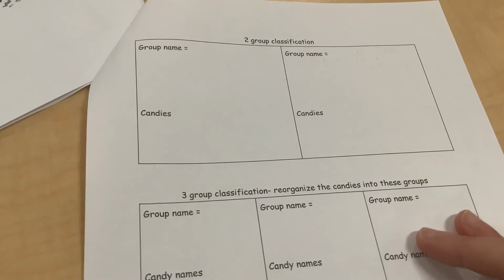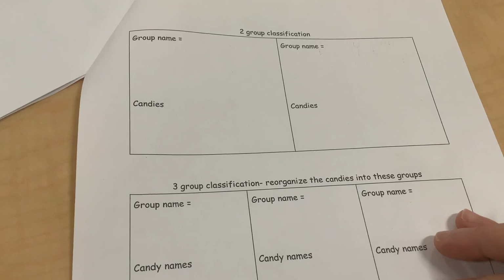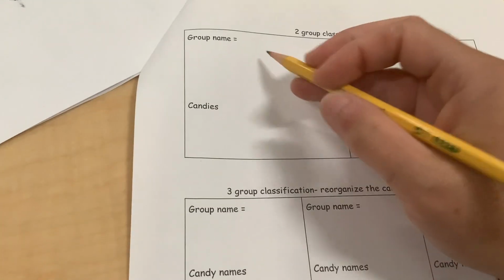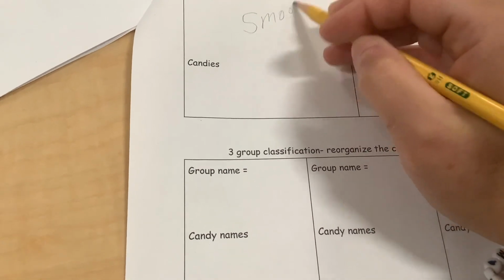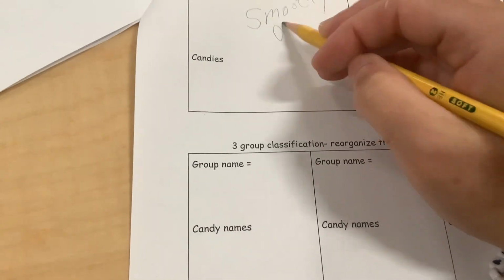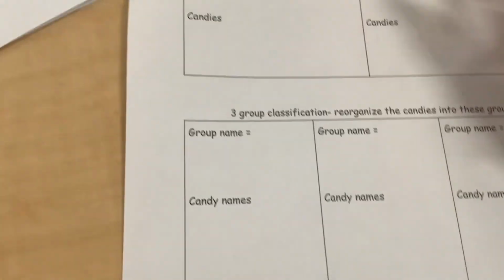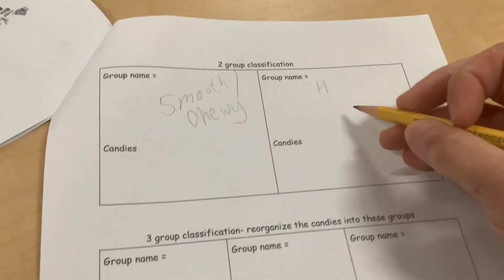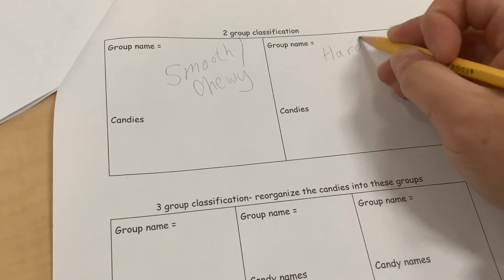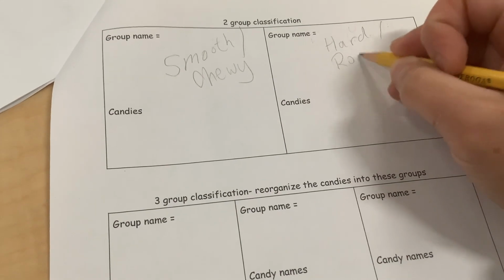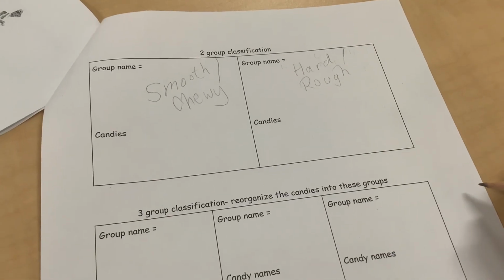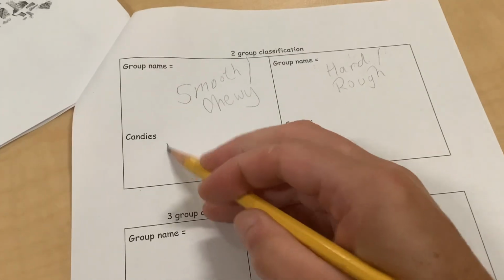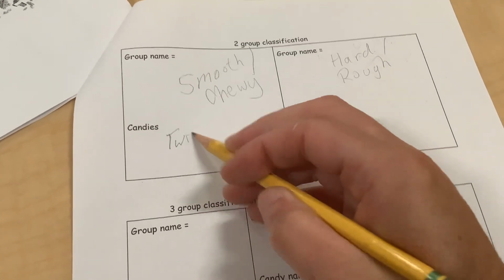So maybe one of the ways that you're going to classify the groups is based on texture. So smooth/chewy, hard, or rough, kind of in your mouth. And then I go through the list and I would write down, so I think Twix would go in here.